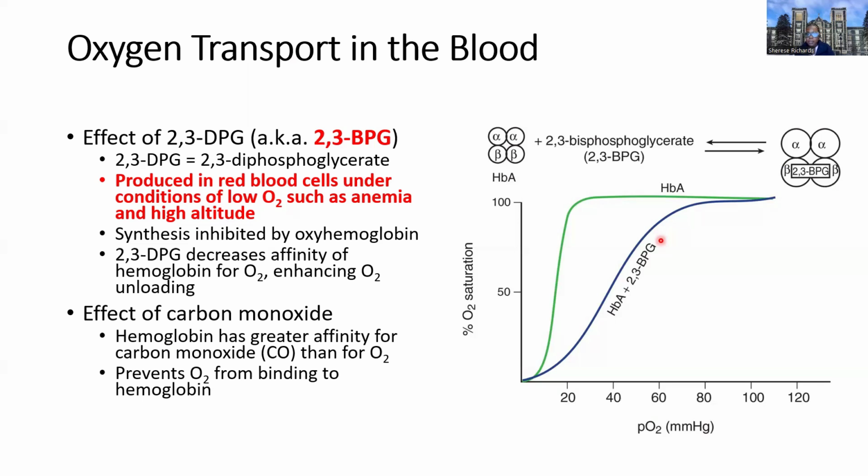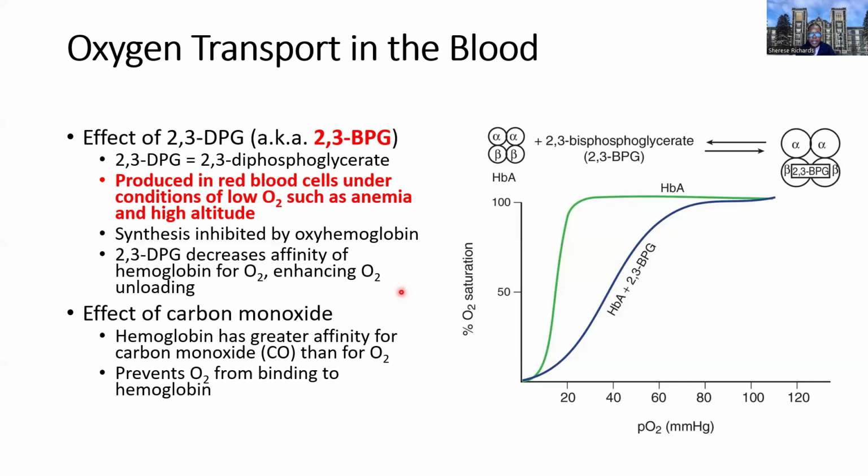The Bohr effect, right, which is if you have increased acid production or decreased pH, the carbamino effect, if you have more CO2 circulating in your blood, or the production of 2,3-BPG, which is also seen in states of anemia or high altitude. And what this creates is it inhibits oxyhemoglobin, right? The synthesis is inhibited by oxyhemoglobin.